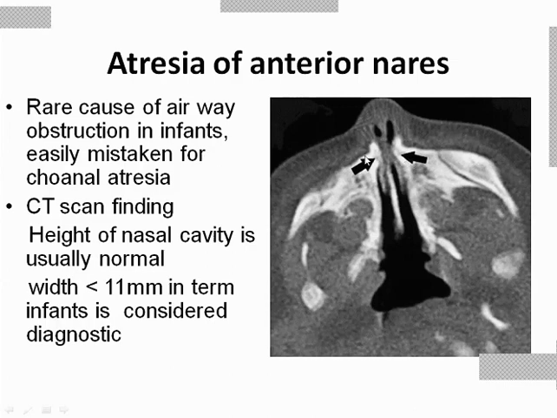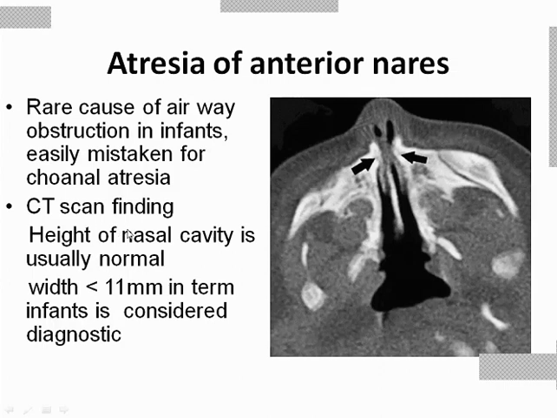So anteriorly the nares will appear normal, but unless seen in particular, we cannot identify it. These are the cases which are being mistaken for choanal atresia. In choanal atresia, the atretic plate will be taking this place. On CT, 11 millimeters is considered diagnostic.